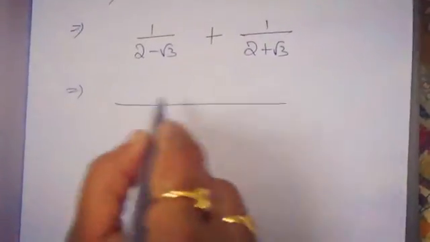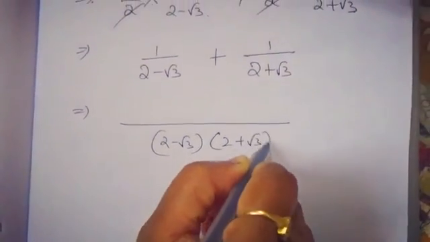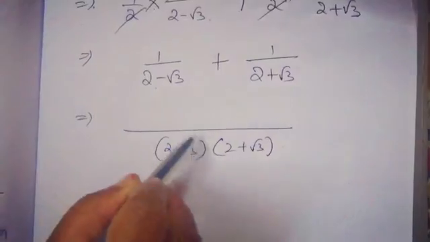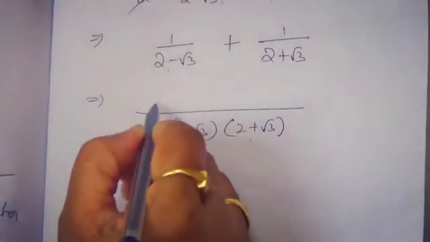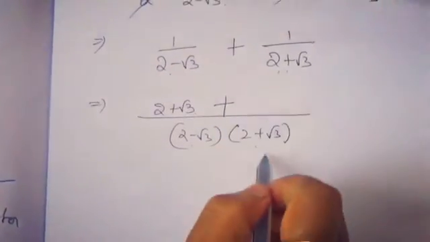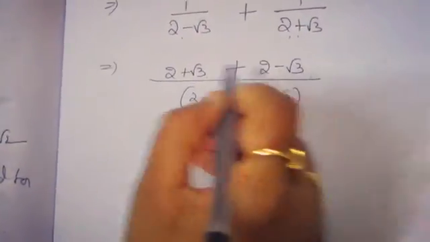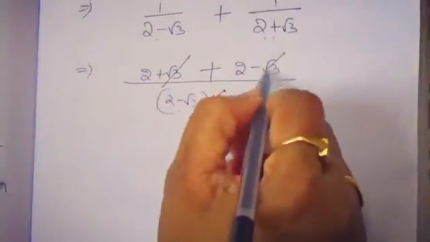Take the LCM of these two: 2 minus root 3 into 2 plus root 3. Here 2 minus root 3 is there but 2 plus root 3 is not there, and for the other, 2 plus root 3 is there but 2 minus root 3 is not there. The plus root 3 and minus root 3 cancel.